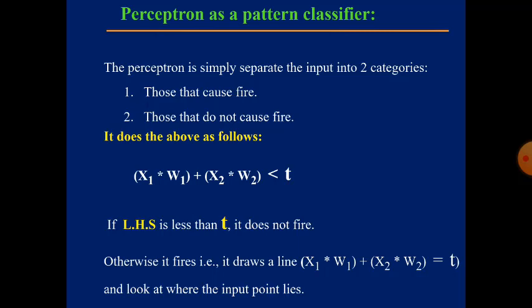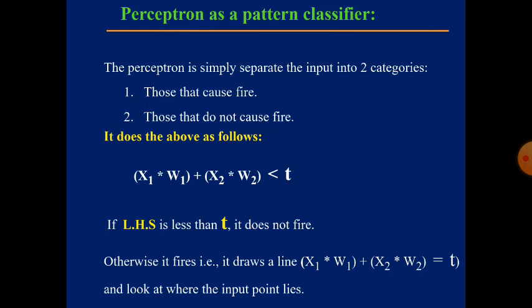Here the perceptron is simply going to separate the input into two categories, those that fire and those that don't fire. It can be represented as x1w1 + x2w2 < t, where t is the threshold value. x1 and x2 are the inputs, and w1 and w2 are the corresponding synaptic weights.